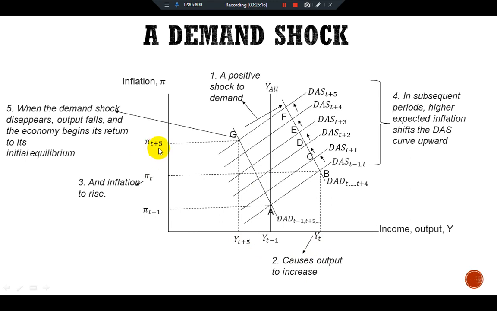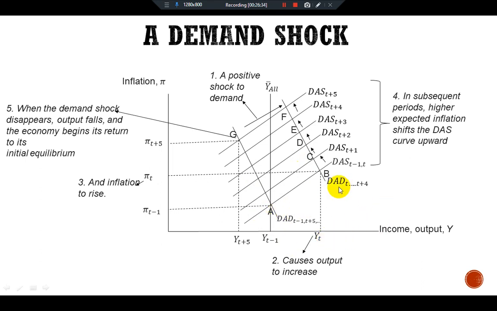So this figure shows the effect of a positive demand shock in period T, lasting for 5 years. The shock immediately shifted the aggregate demand curve from this to this.